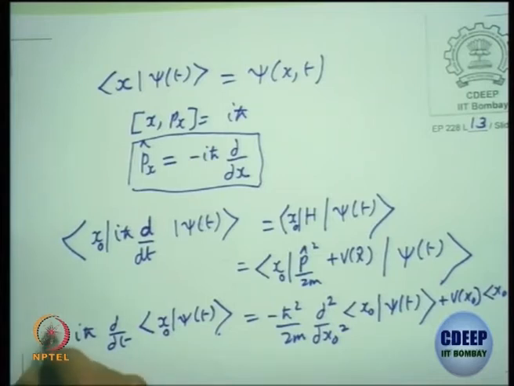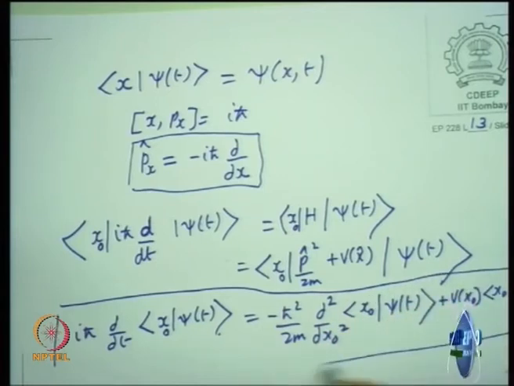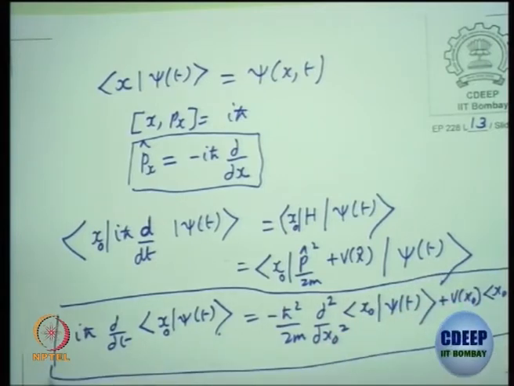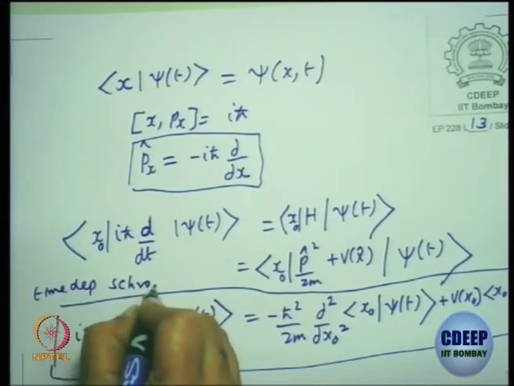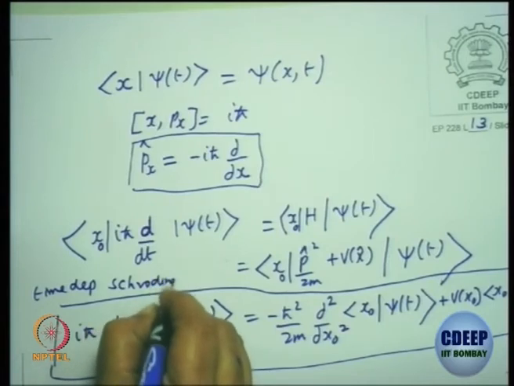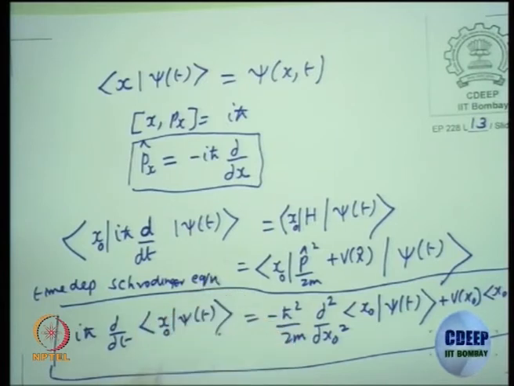So this is nothing but your time dependent Schrodinger equation for the position space wave function. We don't usually say position space wave function because you mechanically do a wave function which is in the position space. But in this particular exercise, you can say that this is a time dependent Schrodinger equation for position space.